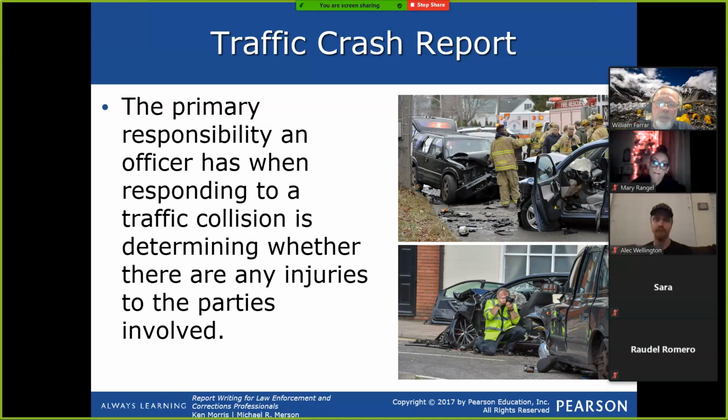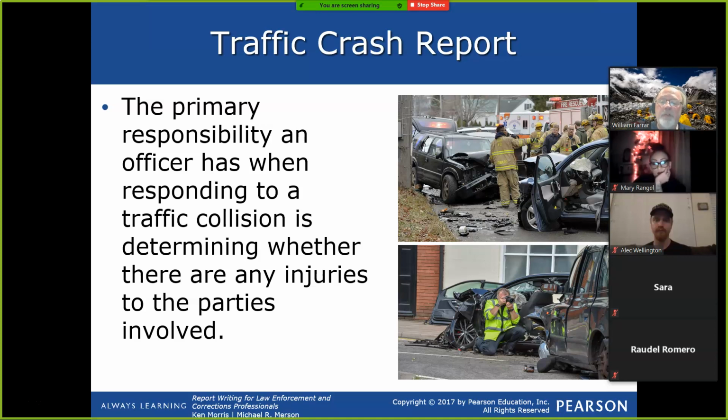One of the primary responsibilities that you'll have, again, responding to a traffic collision, is determining whether anybody's hurt. So now we're looking at the crash report. We do the enforcement to hopefully eliminate the crashes, but a lot of times that doesn't work. Departments have policies on how to respond to traffic collisions.